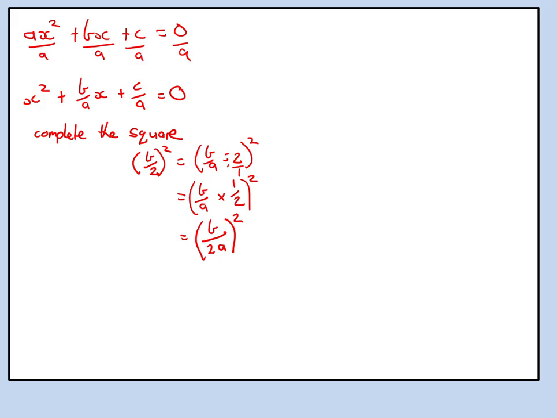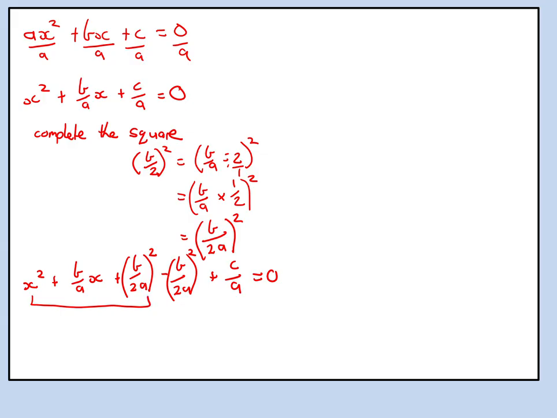Okay, so if I rewrite this, I've got x squared plus b over a x, and I'm adding b over 2a squared, minus b over 2a squared, plus c over a is equal to 0. That's the first step. The next step is we're going to turn this part into a perfect square.